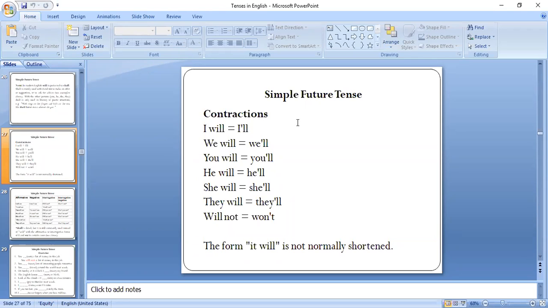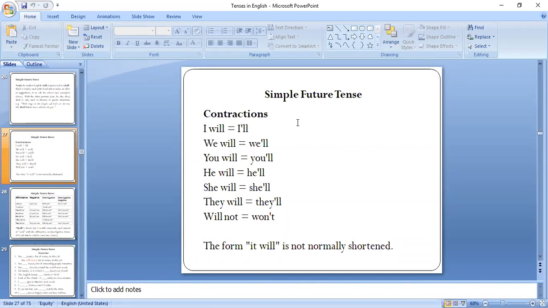Okay, he will, she will, they will. Will not, its contraction becomes won't, W-O-N apostrophe T. I will not study for today. I will not study for today. This we can pronounce as I won't study for today.